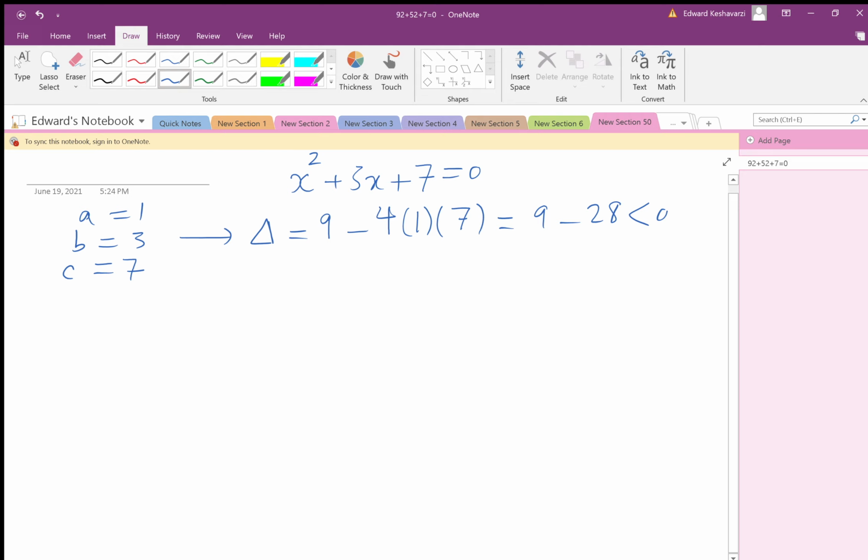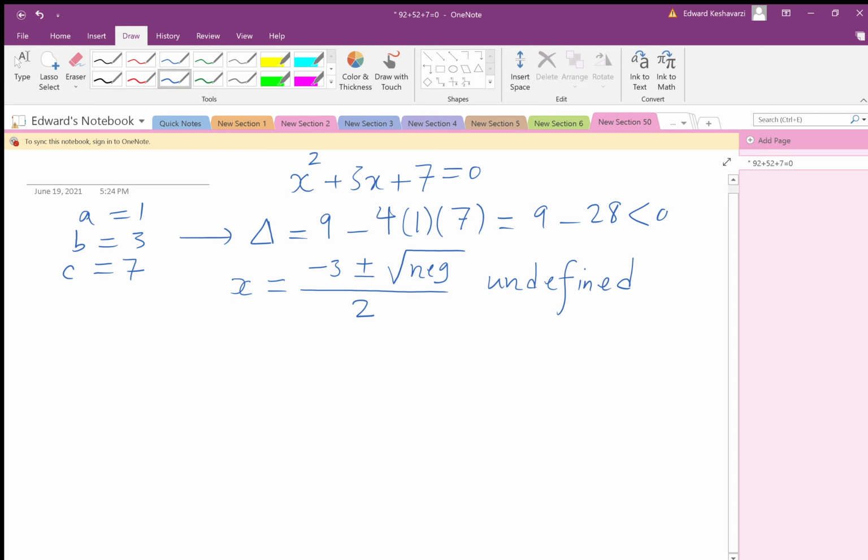So when delta is negative, as you know, the square root of negative numbers is undefined. Therefore, x is going to be negative b plus or minus square root of a negative number over 2a, which is 2. So this expression is undefined. Therefore, in this case, the equation has no solution.